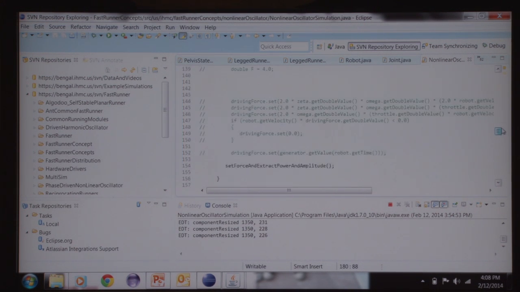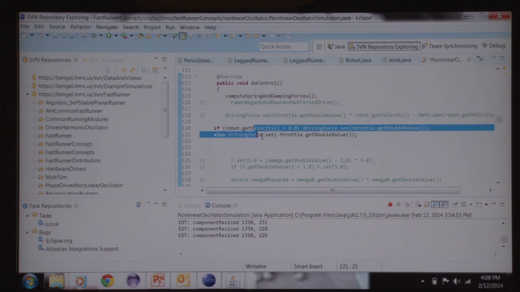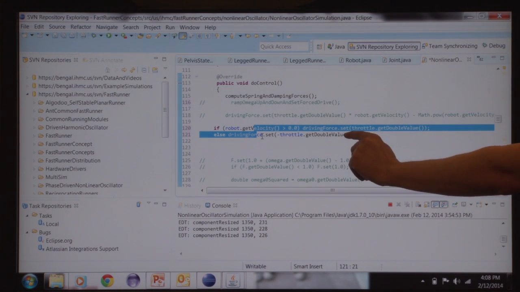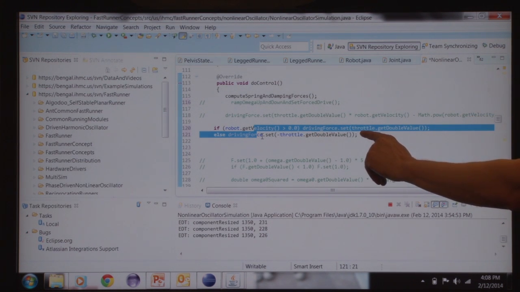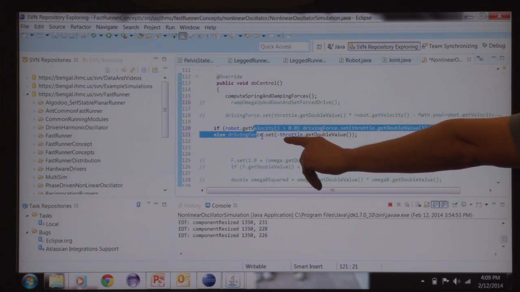But I'm going to turn that off, and instead just say if the velocity is greater than 0, then set the driving force to be this variable called throttle. Otherwise, if it's less than 0, set the driving force to be negative throttle.